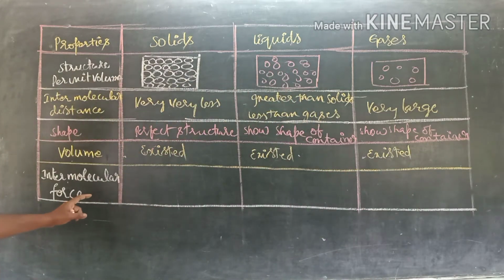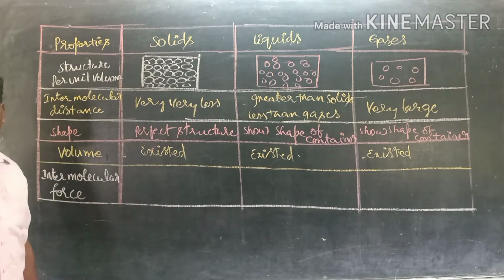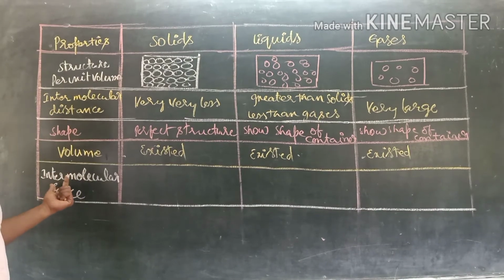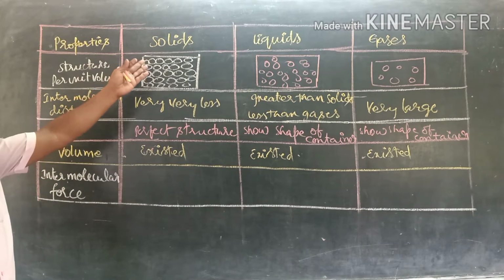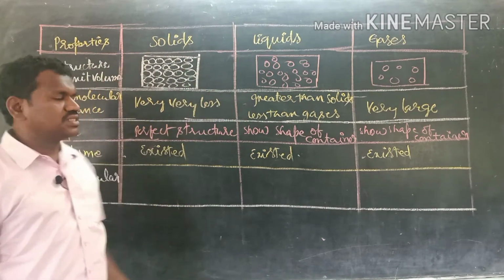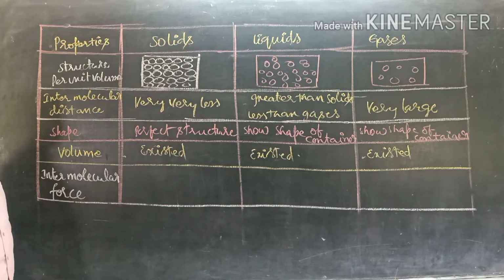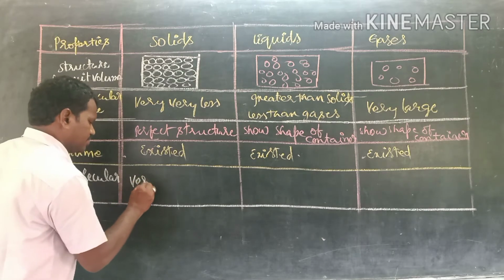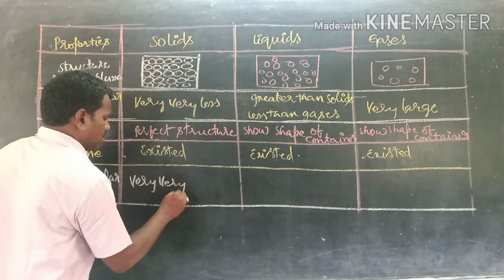Now let us come to intermolecular force. What is intermolecular force? The force of attraction present among the molecules of solids, liquids and gases is called intermolecular force. In solids this intermolecular force is very, very high. Why?